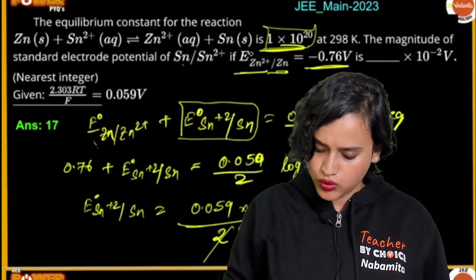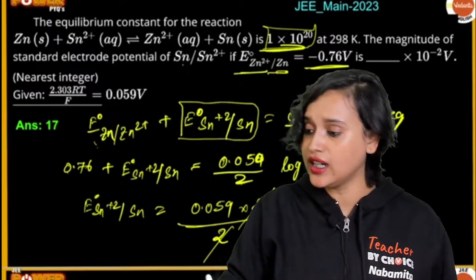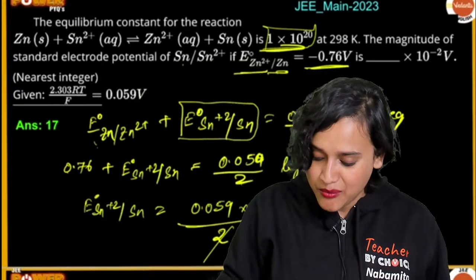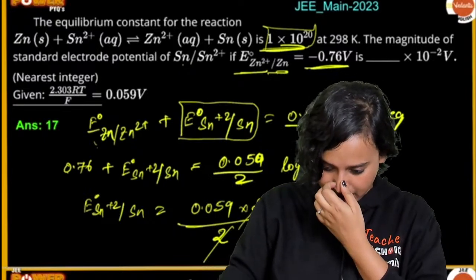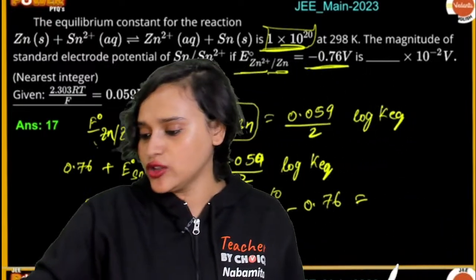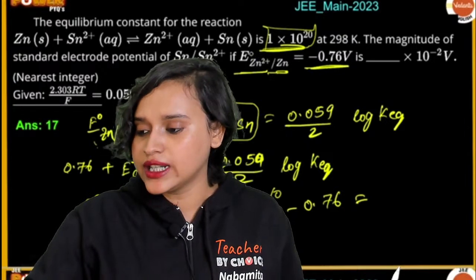0.76 also has to be there, no? Yes, minus 0.76. Correct. Now you will get it.